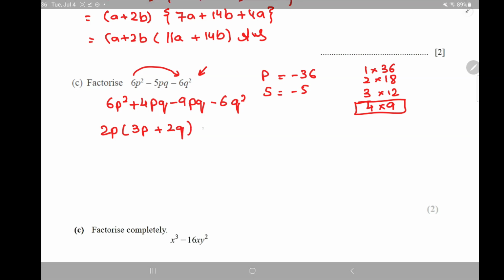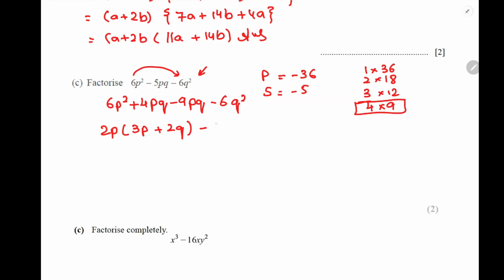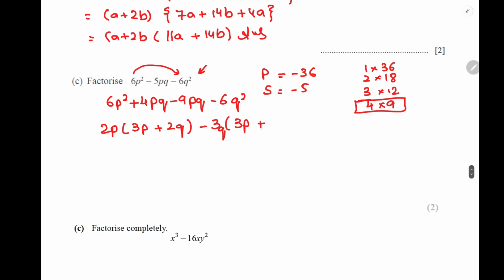And then -3q common from the last two, and it would be 3p plus 2q. Now 3p plus 2q will be common from these two. 2p minus 3q is the answer.